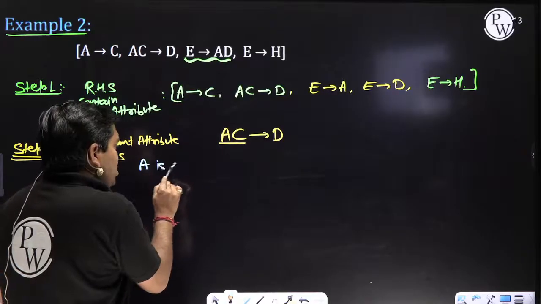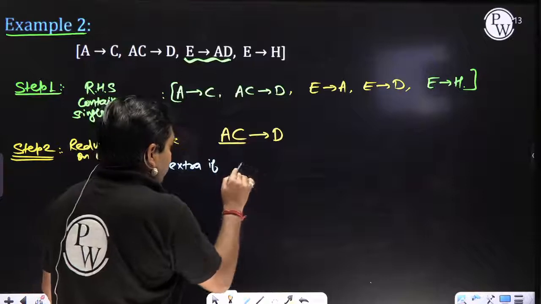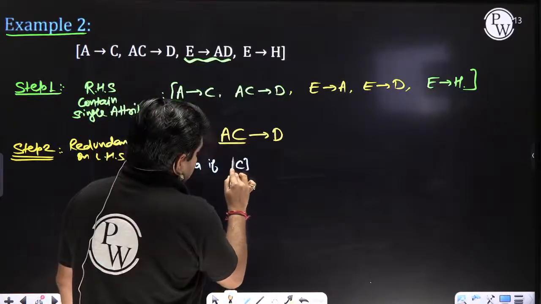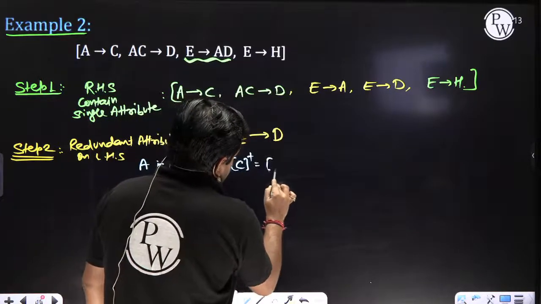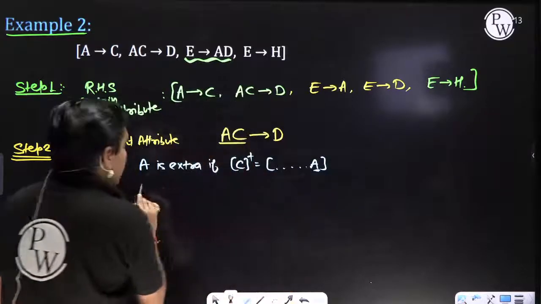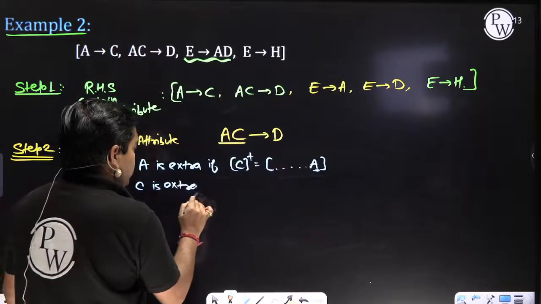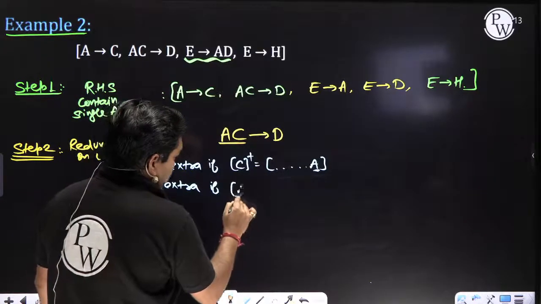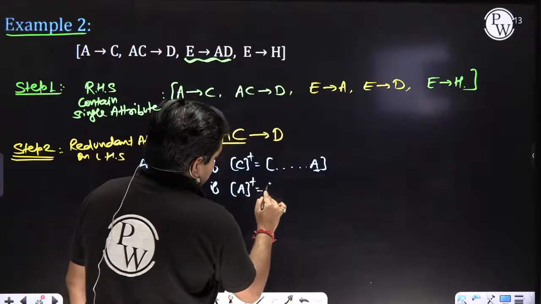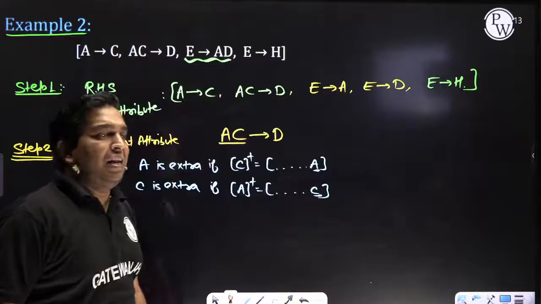A is extra if C plus contains A. And C is extra if A plus contains C. Clear everyone?